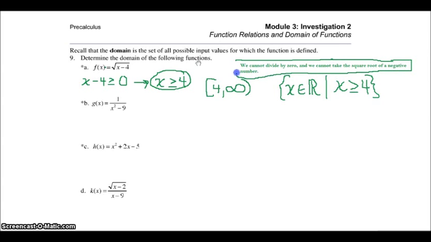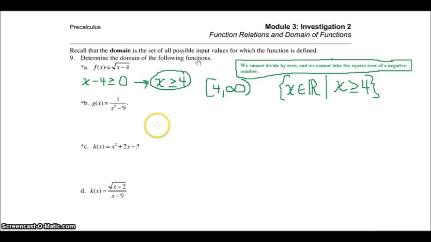So in problem A, we were in danger because we had a square root. We had to make sure that we found the possible inputs that did not give us a negative. But here we have a fraction, and that denominator cannot be 0. Anything that makes this denominator 0 will give us an undefined value. It won't be a possible input.